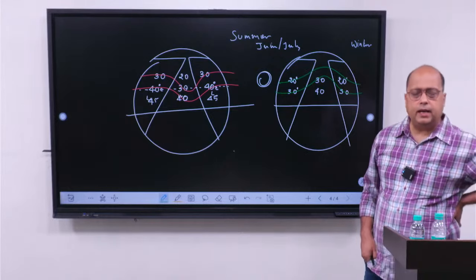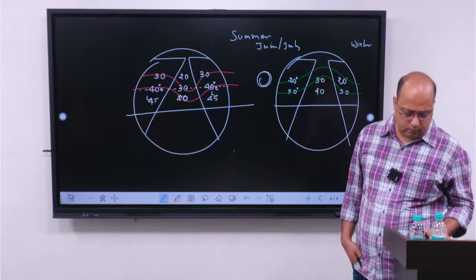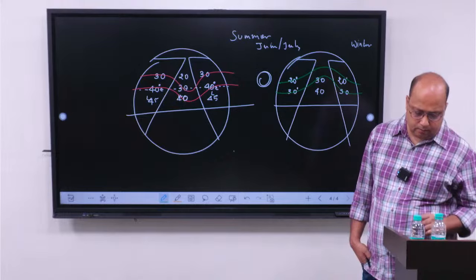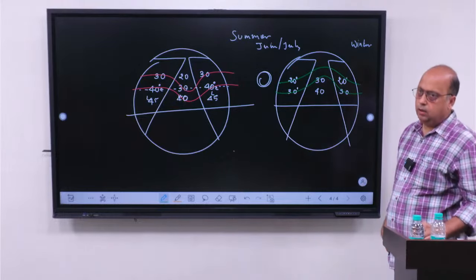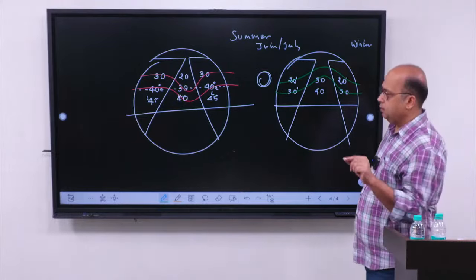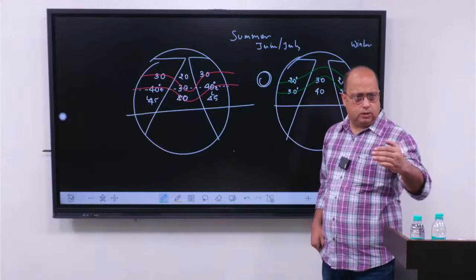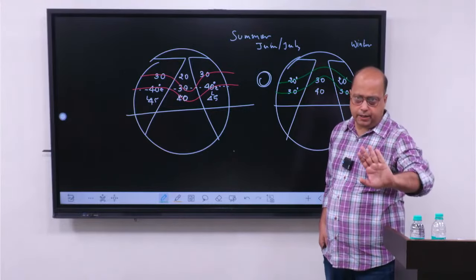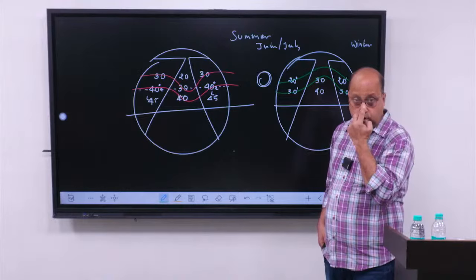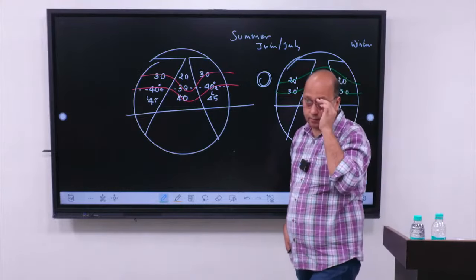Right, its salient features. Write one point, point-wise, because the detail is with you. I have already given it in the isotherms notes, you will find everything written.